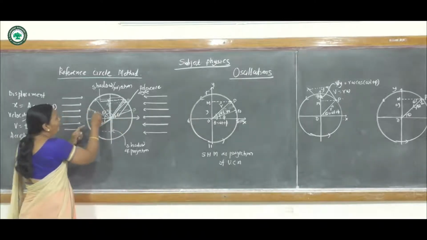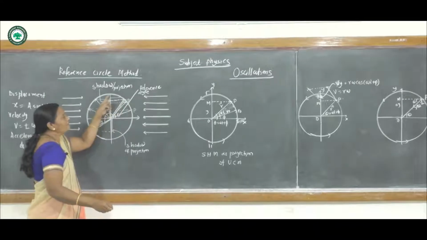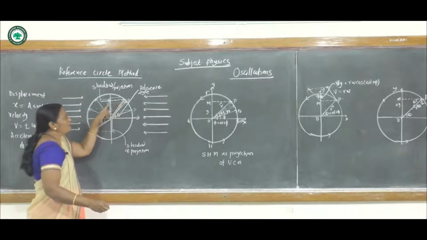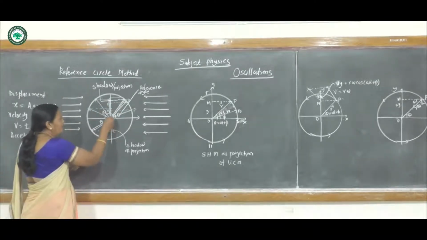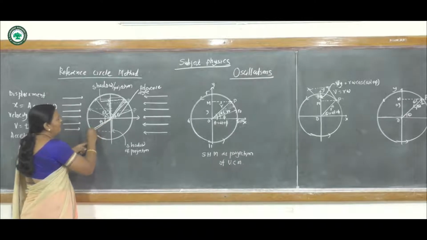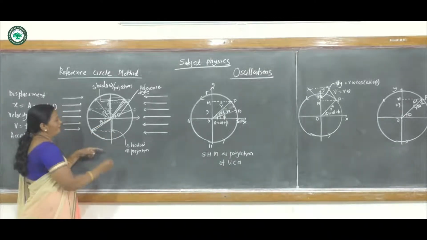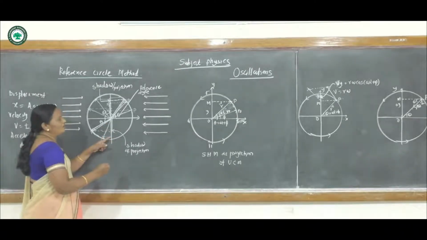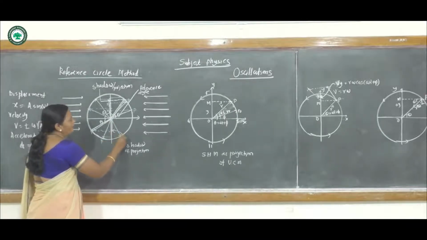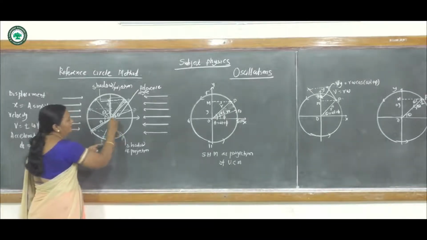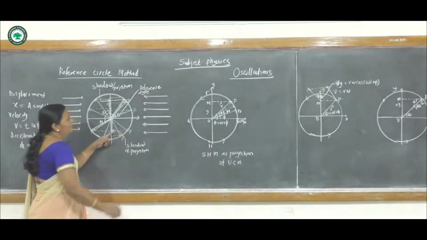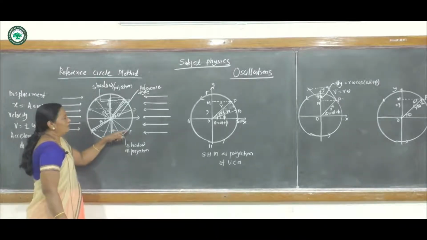This shows that when this particle revolves around the circle, its projection is on the diameter. Again, this is particle P and its projection is on the diameter. Again this is the position of particle P, and this is the projection of the tip of the rod, which is on the diameter.